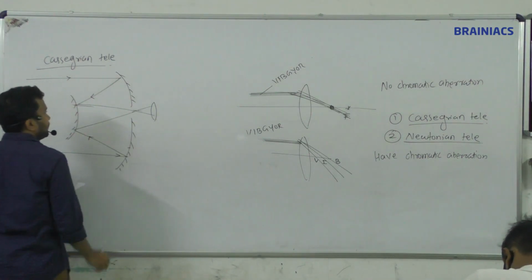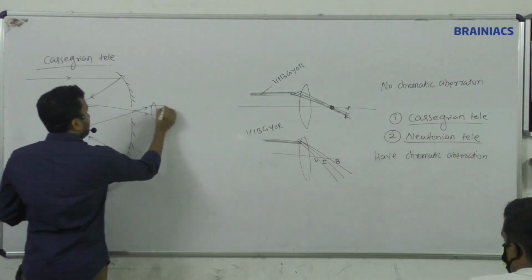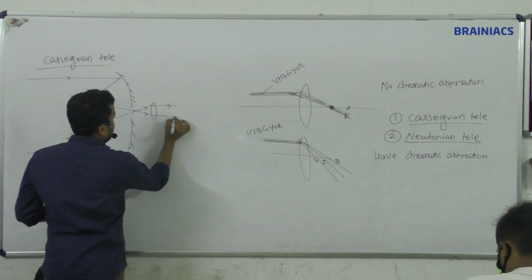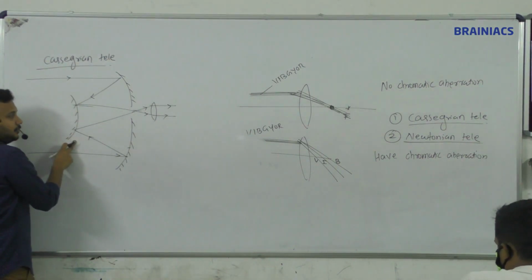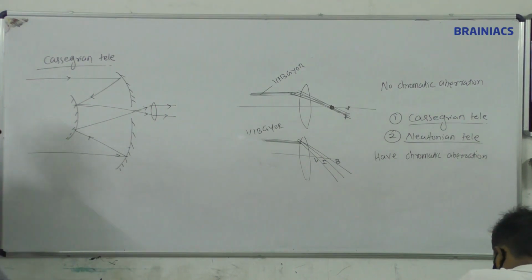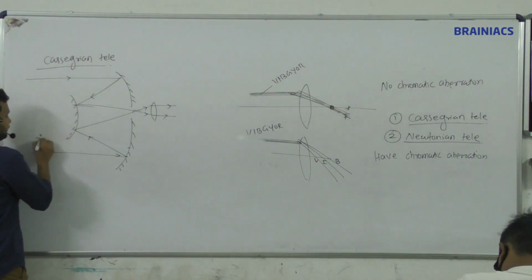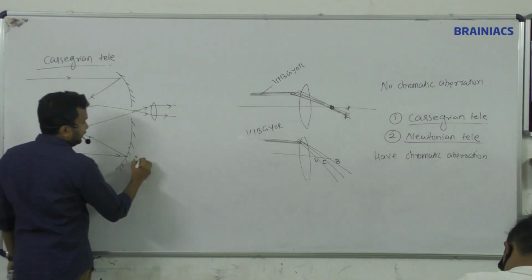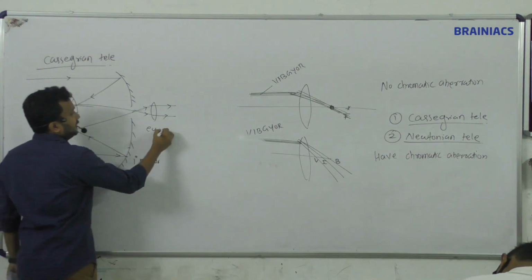After reflection from the secondary convex mirror, it passes through an eyepiece lens. You can draw the diagram also: secondary mirror, primary mirror, and this is the eyepiece lens.